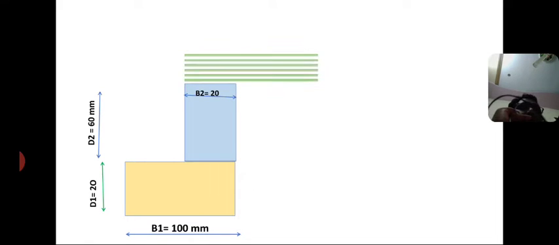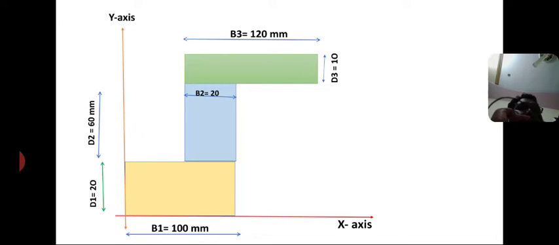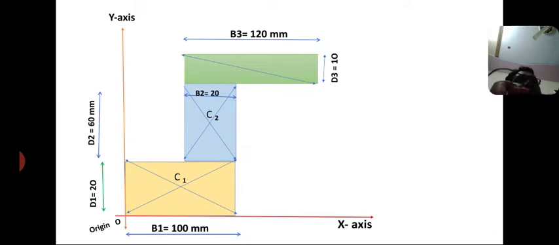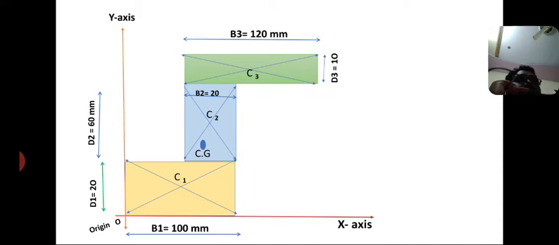Now, x-axis, y-axis, origin. C1 is the centroid of the bottom rectangle, C2 is the centroid of the vertical rectangle, C3 is the centroid of the top rectangle. So C1, C2, C3 are the individual centroids, but CZ is the centroid of the entire section at a distance of xc equal to 85.45 mm.